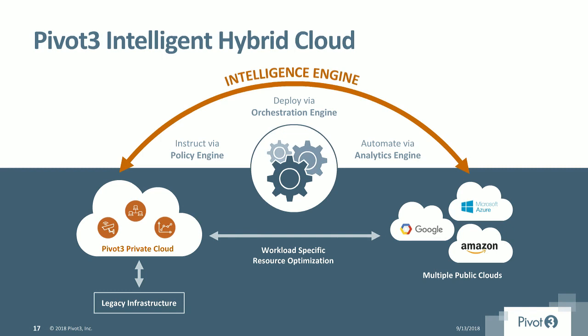So you see on the left there the Pivot 3 private cloud. We have a hyperconverged software defined product set, and so what a lot of customers do is they deploy that on-prem, and then they have their public cloud environments that they bring into the fold there. In that private cloud environment, we do have some capabilities that allow it to work into existing infrastructure.